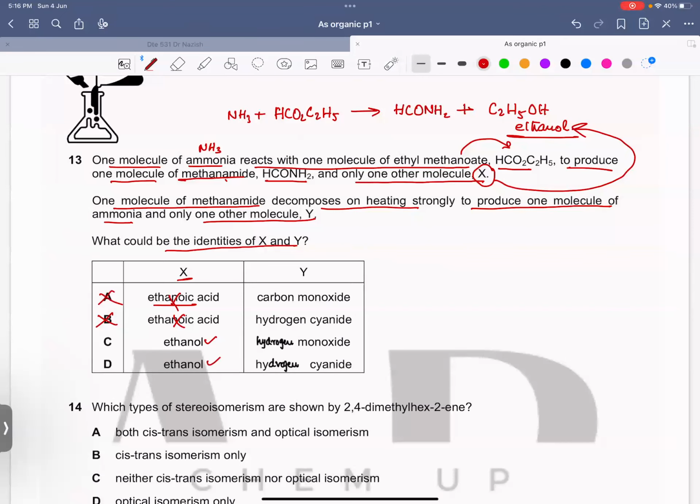So if I heat HCONH2, methanamide, they are saying one molecule of ammonia, so NH3 would form. So if NH3 is formed, what is left?